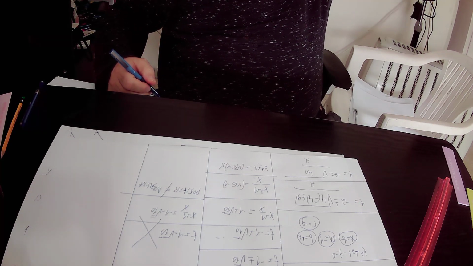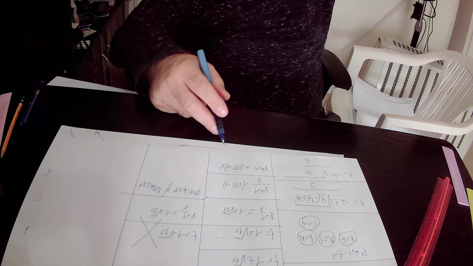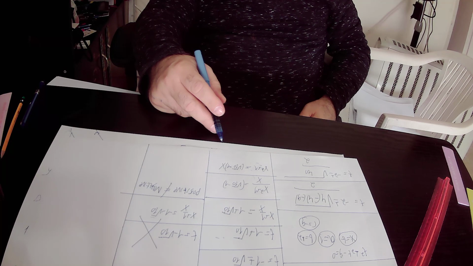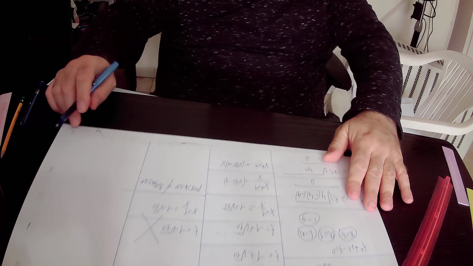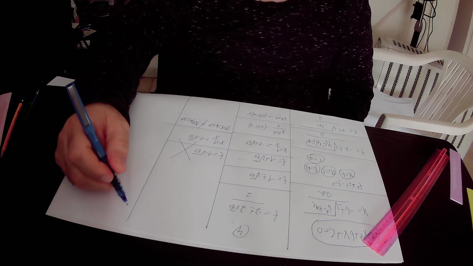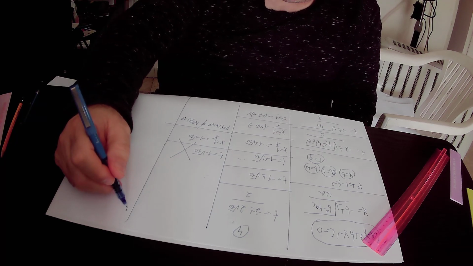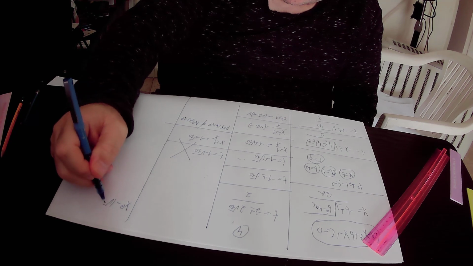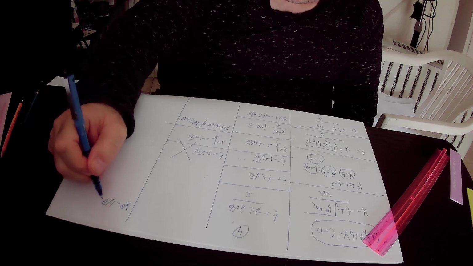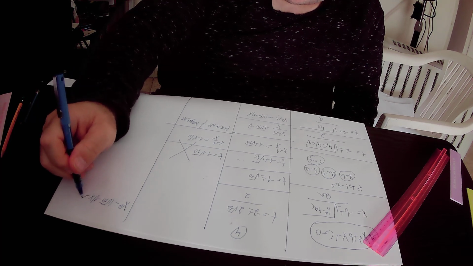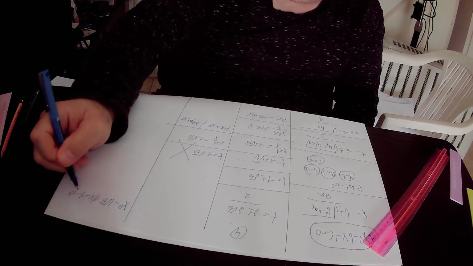So here we will subtract from this equation square root of 10 minus 1 times x, and we will get a quadratic equation. According to this quadratic equation, we have x squared minus square root of 10 minus 1 times x plus 1 equals 0.